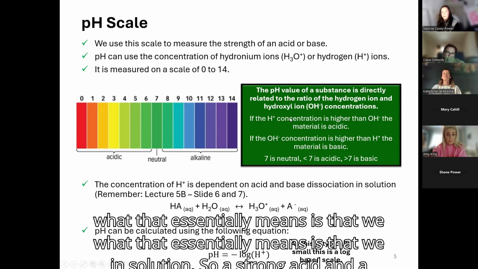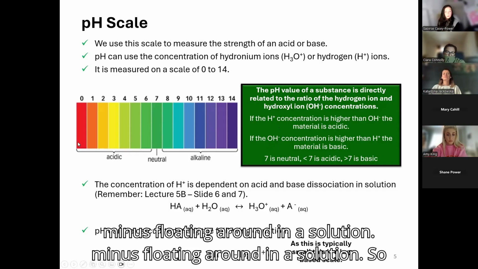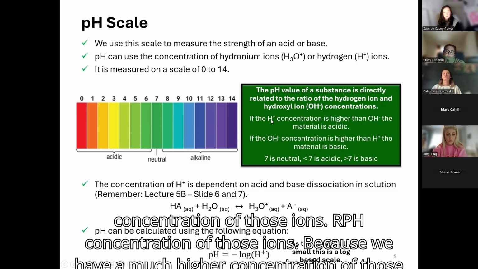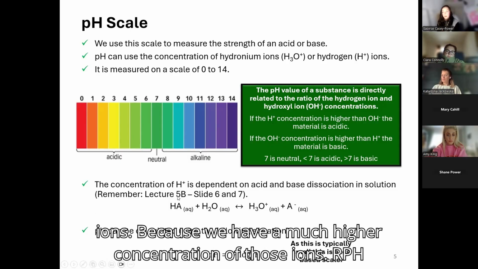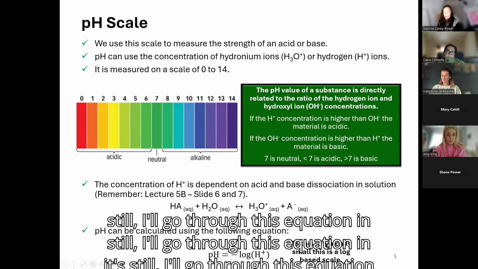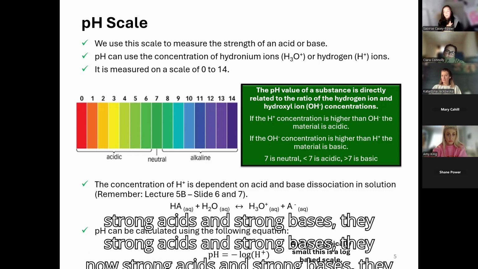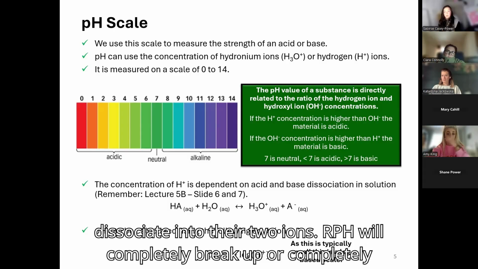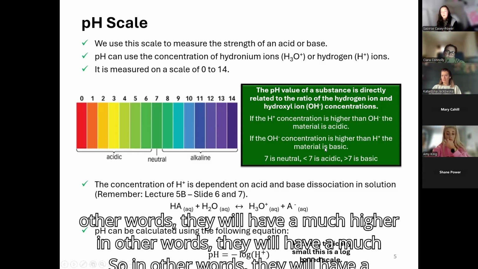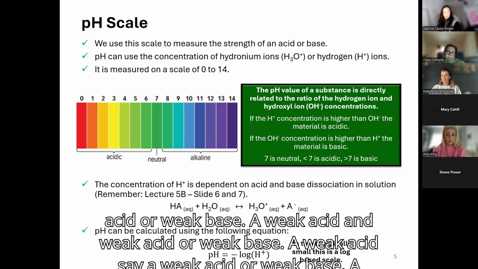So what that essentially means is that we have a lot of either H plus or OH minus floating around in that solution. Because we have a much higher concentration of those ions, our pH will be lower. Strong acids and strong bases completely dissociate into their two ions, so they will have a much higher H plus concentration than a weak acid or weak base.